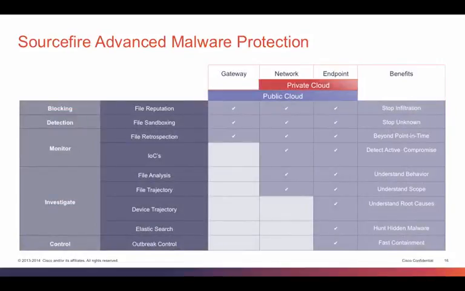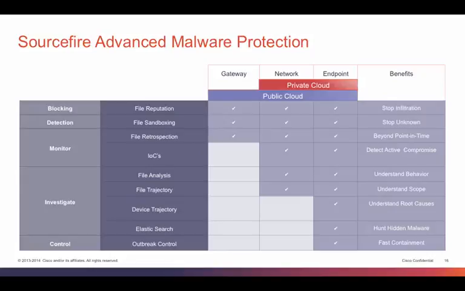So how do we decide where we're going to go? I had mentioned customers who already own certain products, but in the course of conversation, if a customer is just talking about being able to block files at their ingress and egress points, that's obviously an easy gateway conversation.